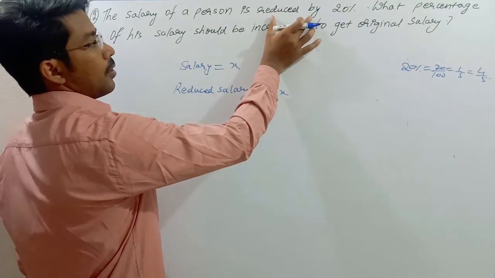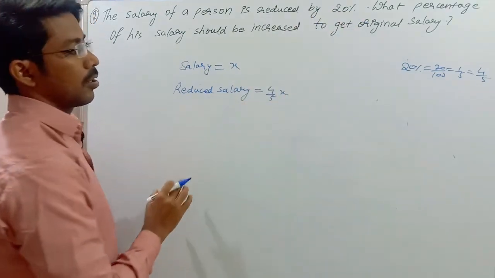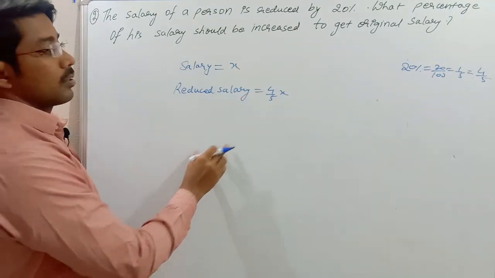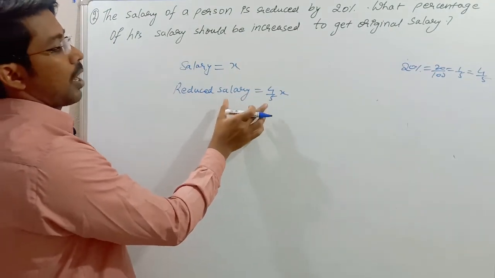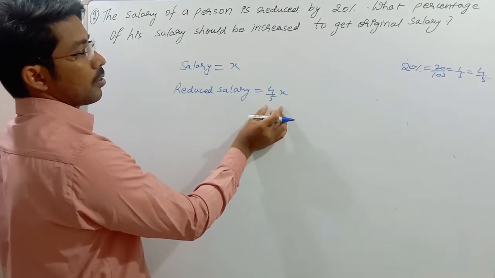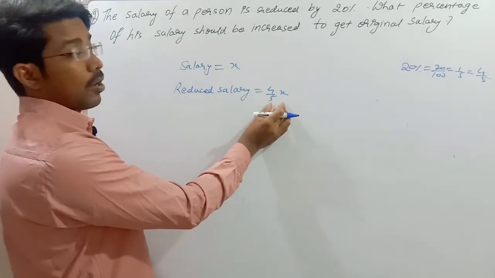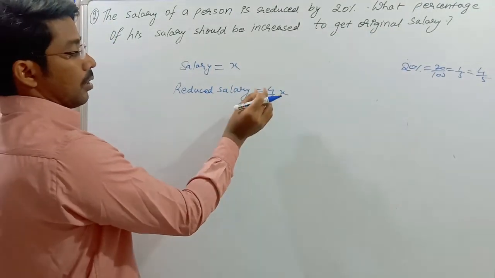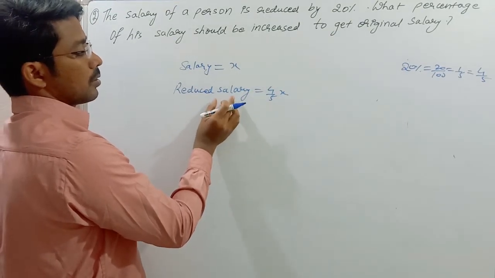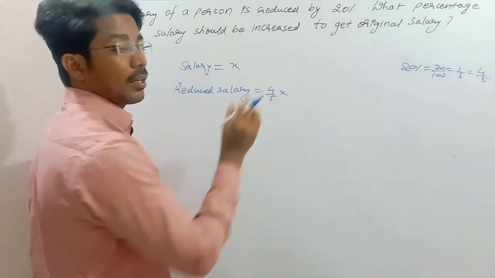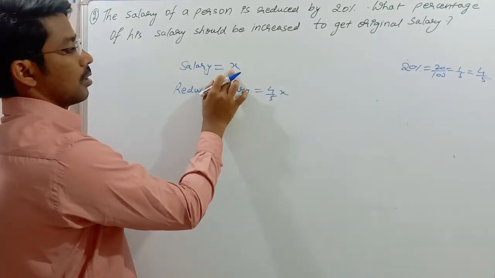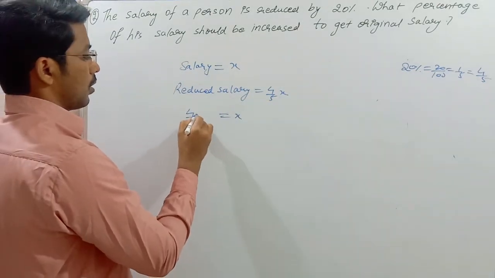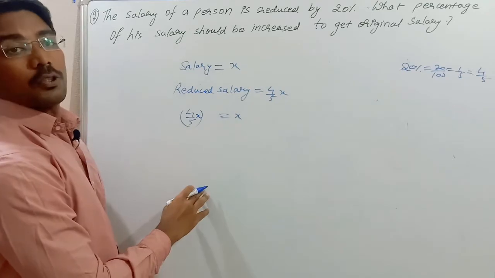So after reduction by 20% of his salary, now we got 4 by 5 times X as his reduced salary. After reducing the salary, what percentage of increase in this reduced salary will give the original salary? What is the original salary? X. So in order to get X, how much percentage of the reduced salary should be increased?